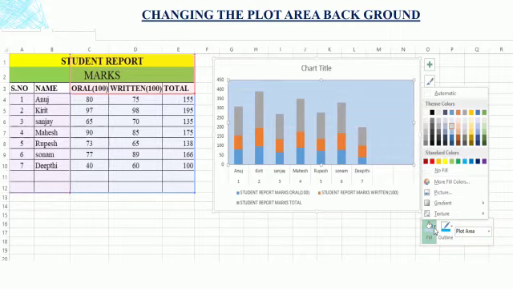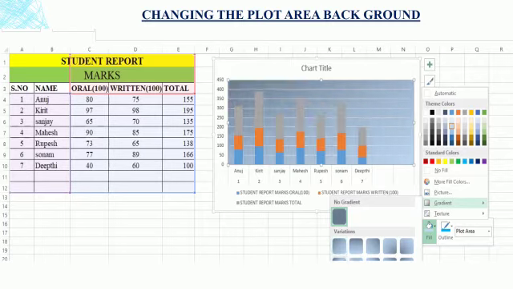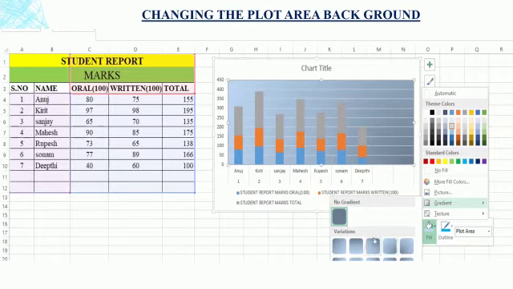Now, if you want to change the color in the gradient form, you can observe the changes which have appeared on your screen. If you want gradient color, you can use different types. Which one you desire, you can click on it.